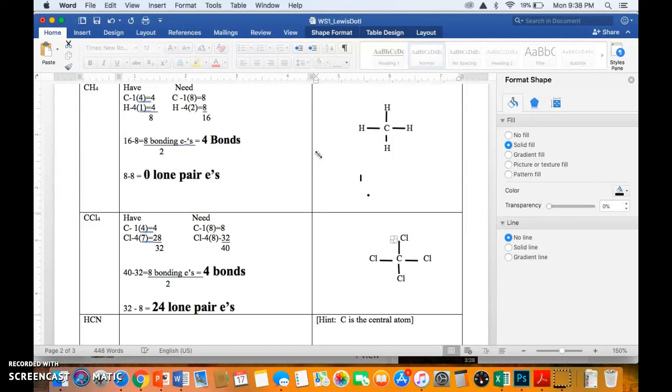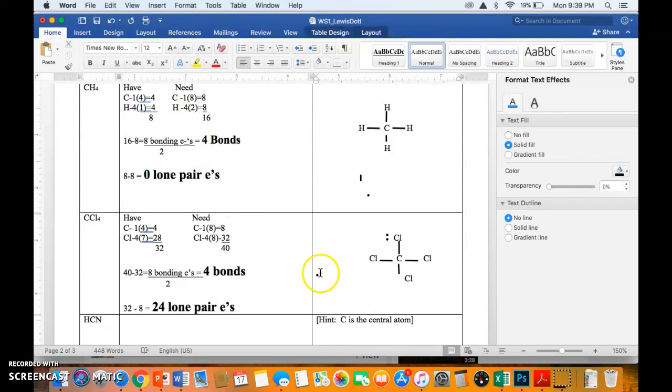I'm going to put a dot here. Another dot here.